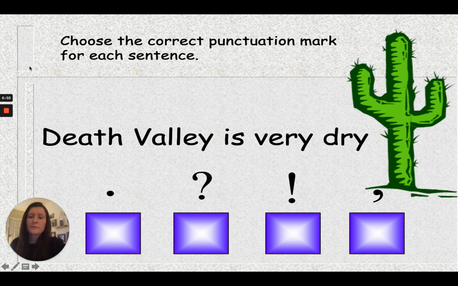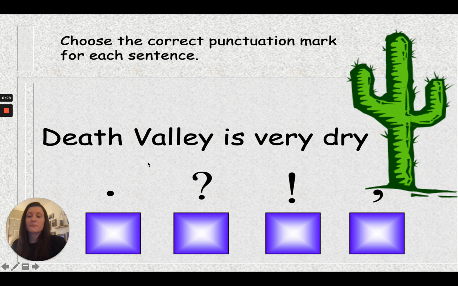We know we're not going to use the comma because a comma will never go at the end of a sentence. We only see commas in the middle of sentences. We know it's not going to be the question mark because we're not asking a question.